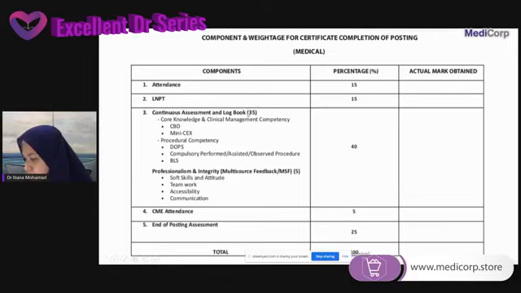Usually let's assume that this department has 1 case-based discussion and 1 mini CX. So from this 35%, 5% will be given if you submit the logbook on time. So 5 is another extra mark provided you submit your logbook on time.